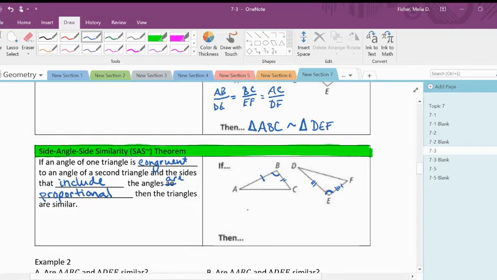So if angle B is congruent to angle E and AB over DE is equal to BC over EF, then triangle ABC is similar to triangle DEF.